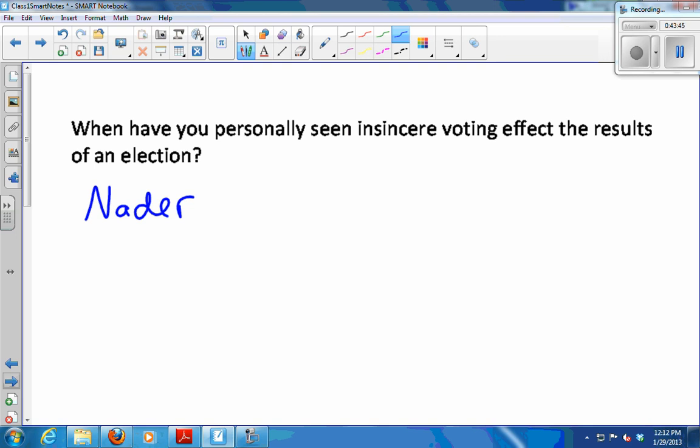Same with Jill. Yes, because of all the problems that arise when you add a third candidate, this is a consequence of insincere voting in the American system, is that it's really hard for a third-party candidate to get any support because people think that they're going to be wasting their vote.